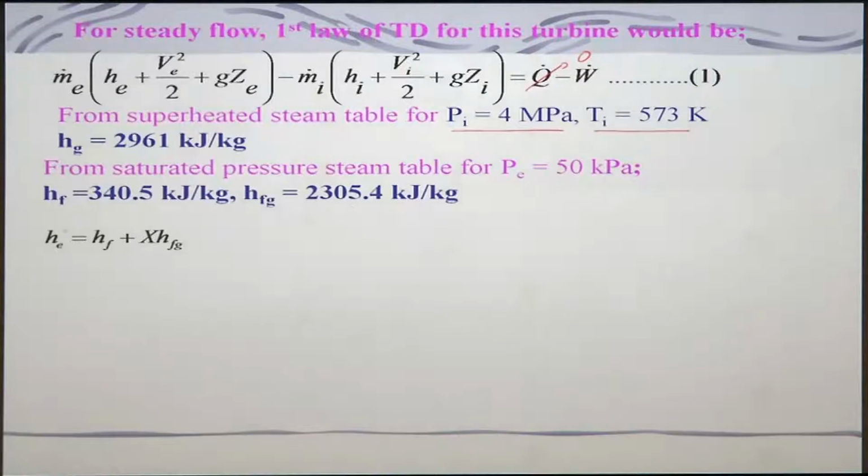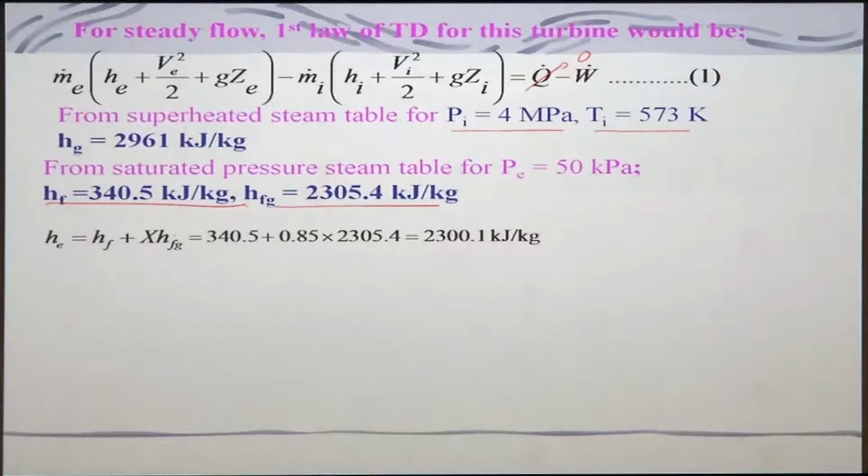So we can evaluate the enthalpy at the exit, h_e equals h_f plus x times h_fg, and substituting those values we get about 2300.1 kilojoule per kg. Keep in mind that this enthalpy h_e is between h_f and h_g because the quality is 0.85. One has to do that cross check while solving a problem, since sometimes you may make a mistake.